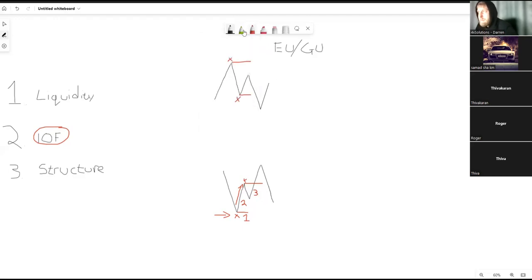So here we have SMT, and here we have SMT. Non-symmetrical. Or we have something like this. So there could be SMT there too, or here.